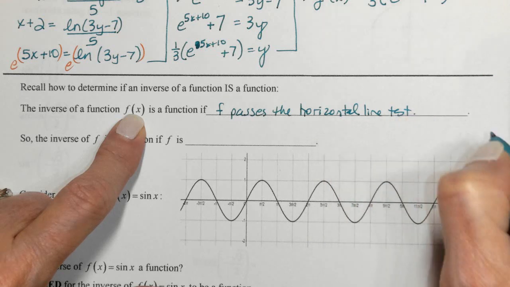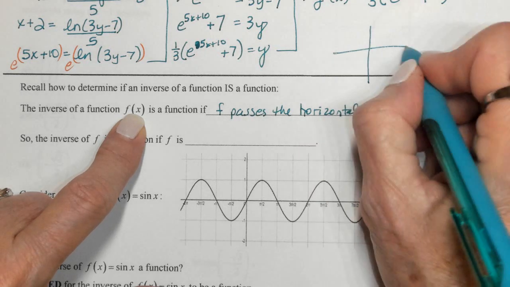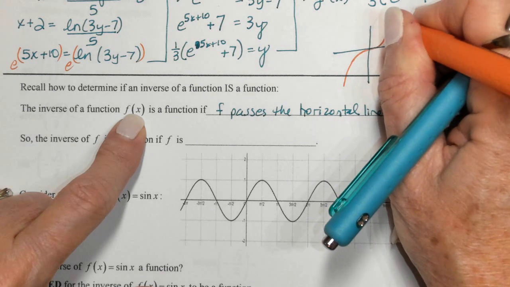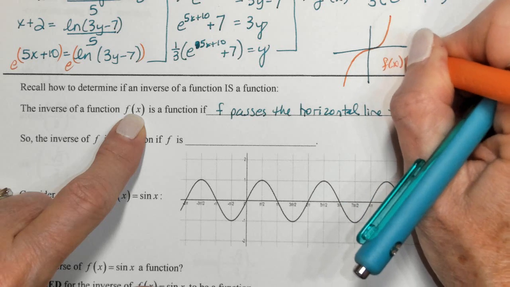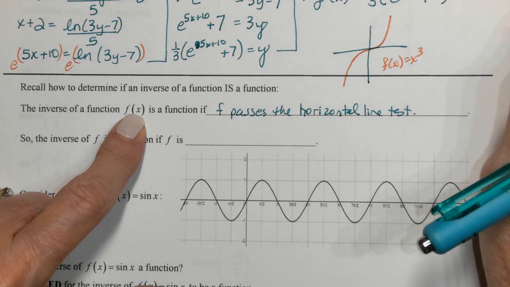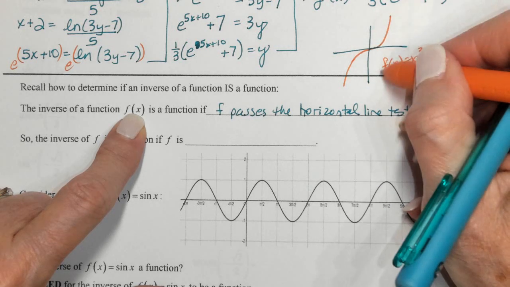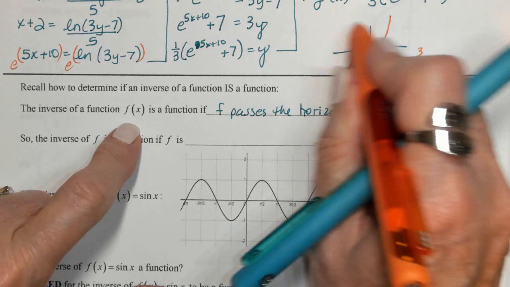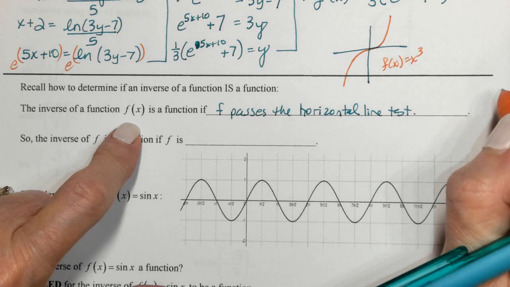It's been a while since we've done that, but that is true. Let's think of f of x equal to x cubed. It is itself a function because it passes the vertical line test, and its inverse is a function because it passes the horizontal line test.